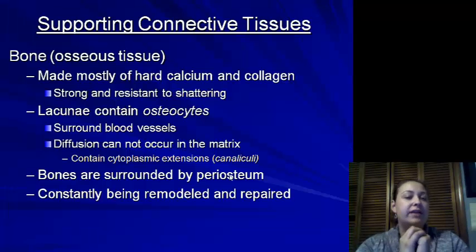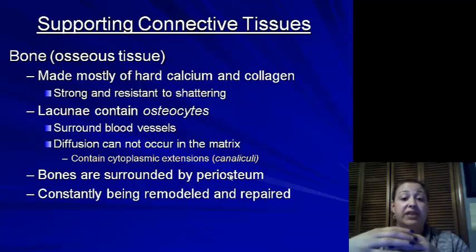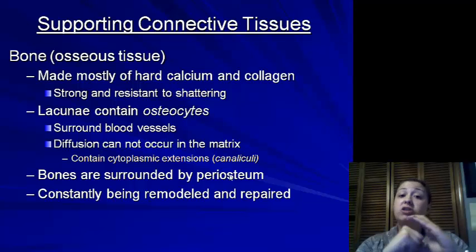Our last supporting connective tissue is bone, or osseous tissue. It is made mostly of hard calcium and collagen. It is strong and resistant to shatter. The lacuna contain osteocytes, which are the living cells. Again, we have a pocket called the lacuna, and an osteocyte inside of it.